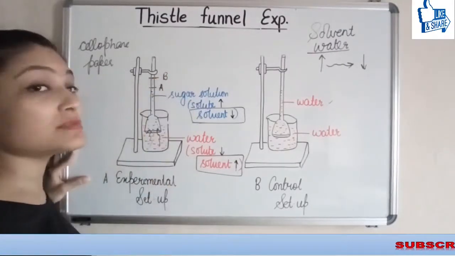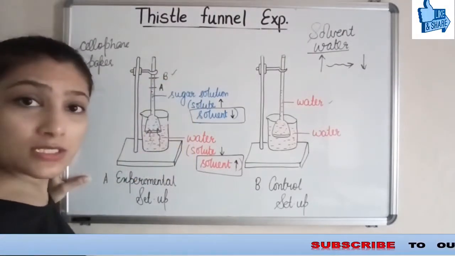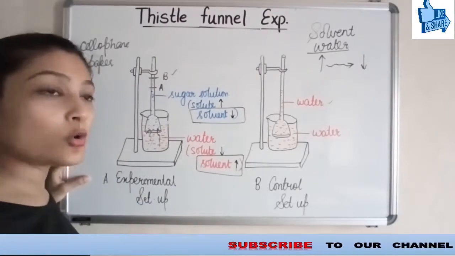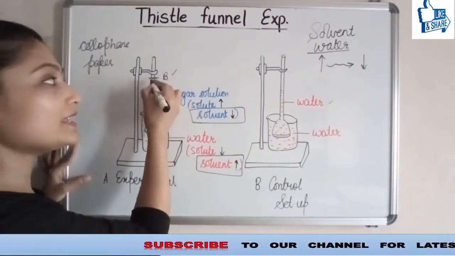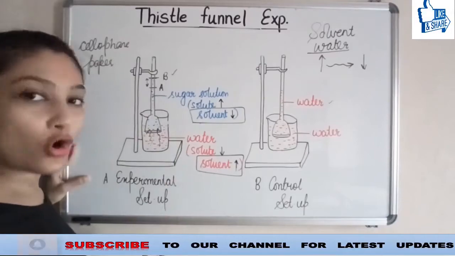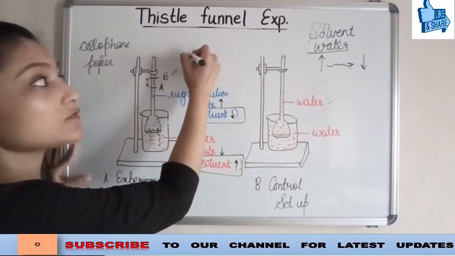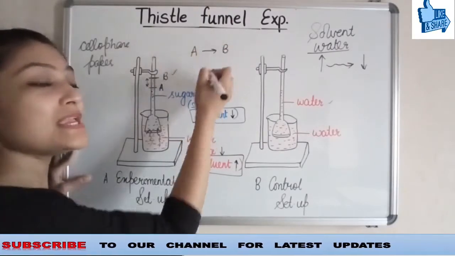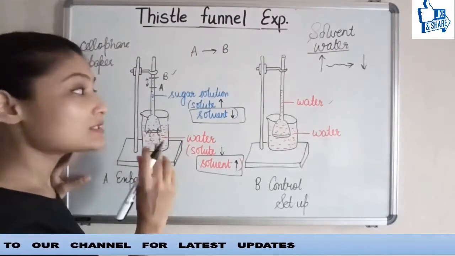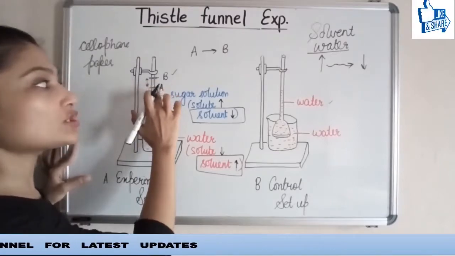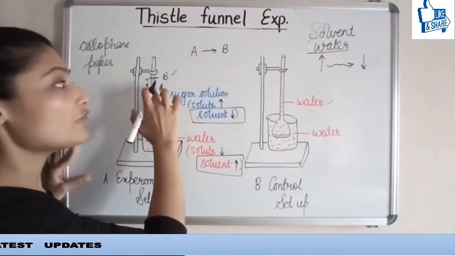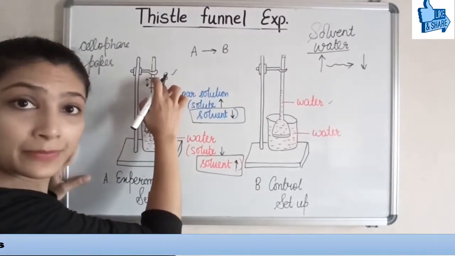So it will come till, let's say, point B. This is how we note down the increase in volume in the thistle funnel from A to B point. So we know that now osmosis has taken place.